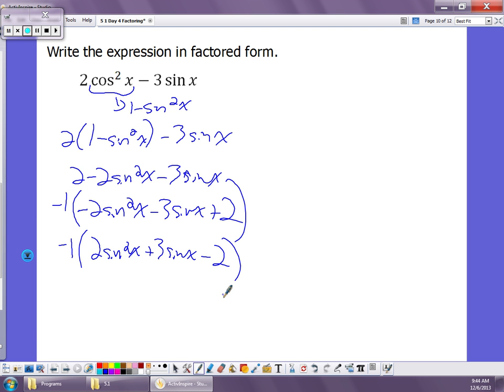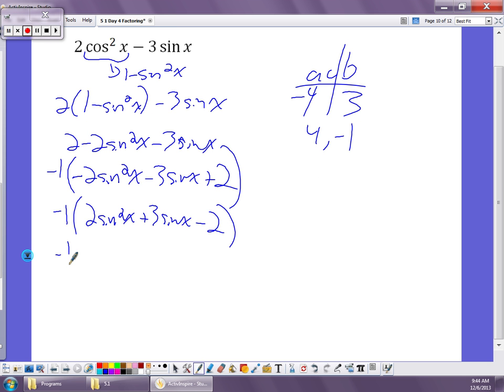And then from here, you just factor. So you do the ACB method again. So we'd get negative 4 and 3. So two things that multiply to negative 4 and add up to 3. Close. 4 and negative 1, right. So then we'd continue. We'd get negative 1, 2 sine squared x plus 4 sine x minus sine x minus 2.